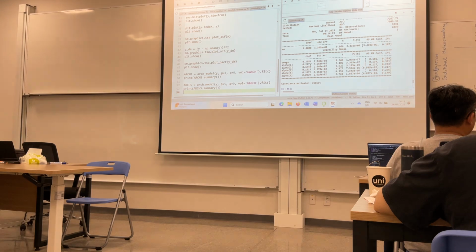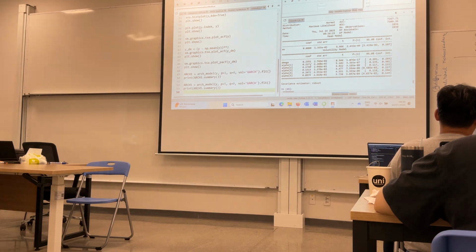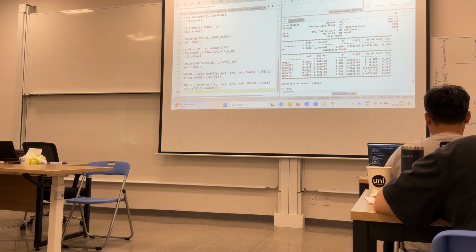That's the persistence measure. And that's the same as this. If this was an arch 1, then this would have become the persistence measure, which we estimated for S&P 500, and that was roughly 0.5. Now, what can we do with this? How does this process remember the past?